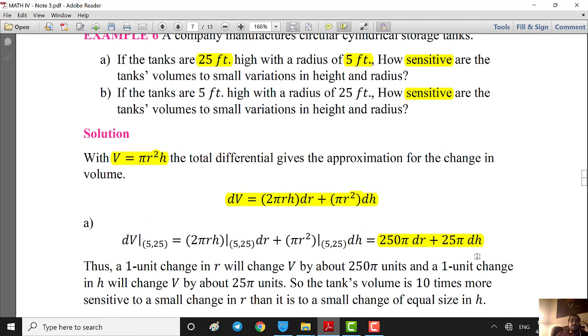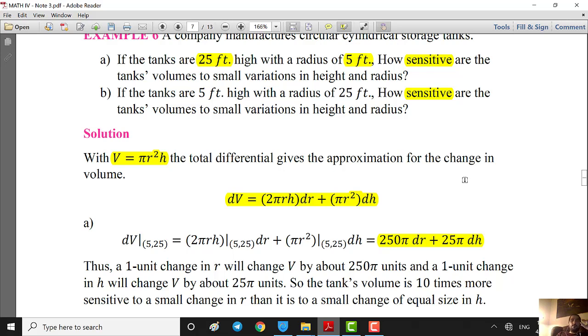Now, this thing that we're seeing here is the basis of a very applicable concept of mathematics. And that concept is called sensitivity analysis.